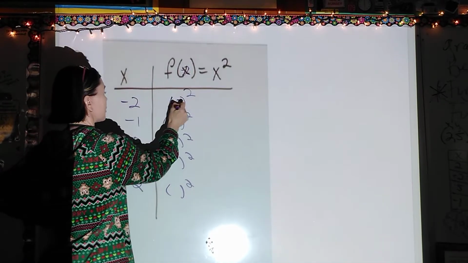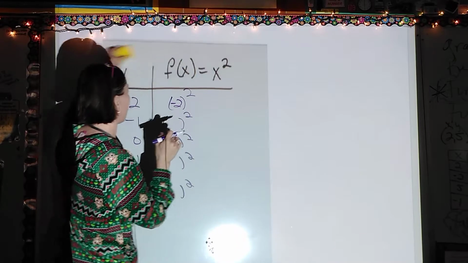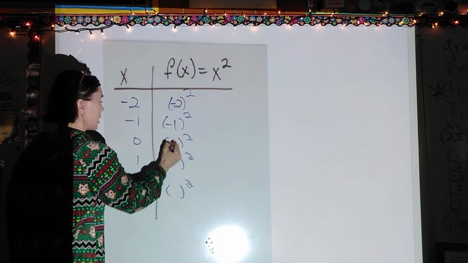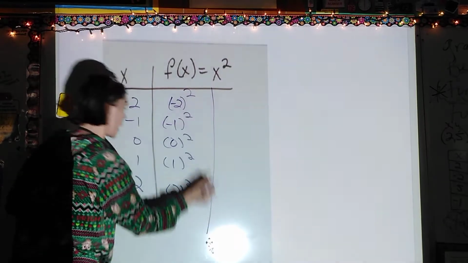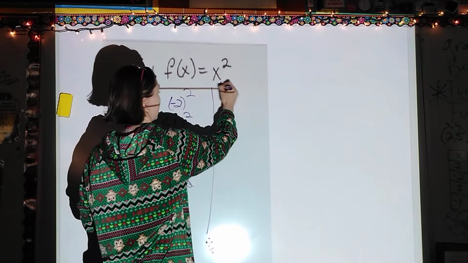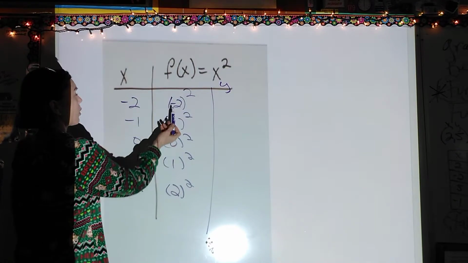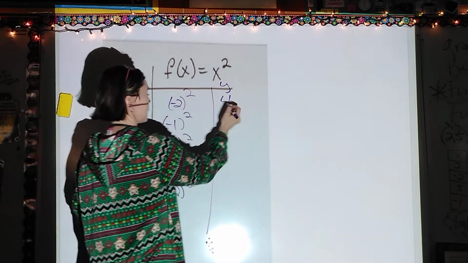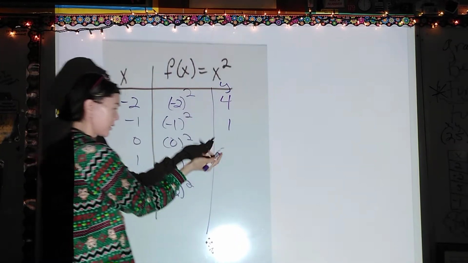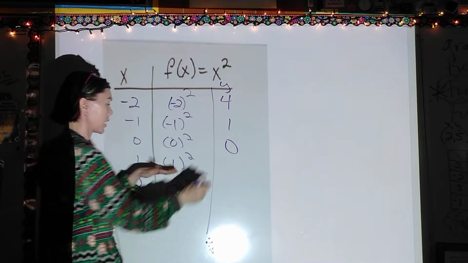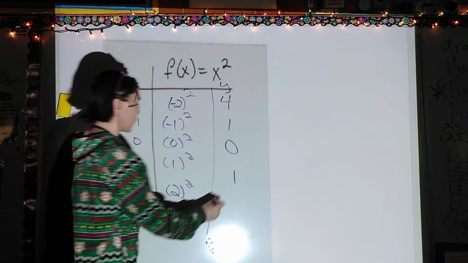So our -2 goes here, our -1, 0, 1, and 2. And draw your line. Then you're going to have your y values. So -2 squared is what? +4. -1 squared is +1. 0 squared is 0. 1 squared is 1. And 2 squared is 4.